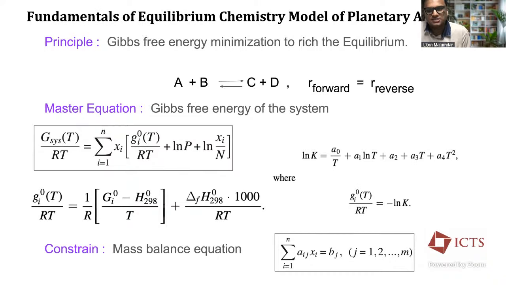Yes, that's a very good question. Exactly. This could be done in the laboratory because these are not reactions. These are the thermodynamical parameters for each of the molecules or atoms that you are interested in.